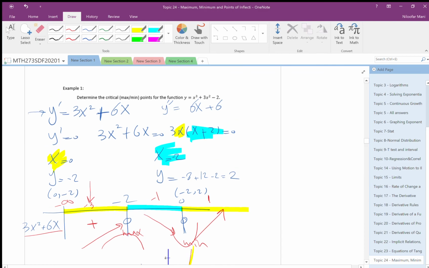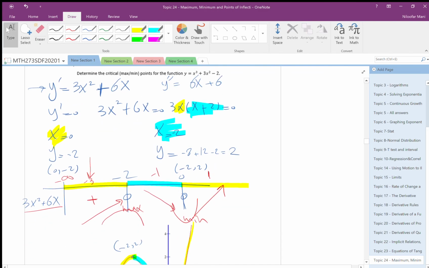So, remember, you find the first derivative, put the first derivative equal to 0. Find those points. Find y corresponding to those points. Then you can see the first derivative is 0 at those points.